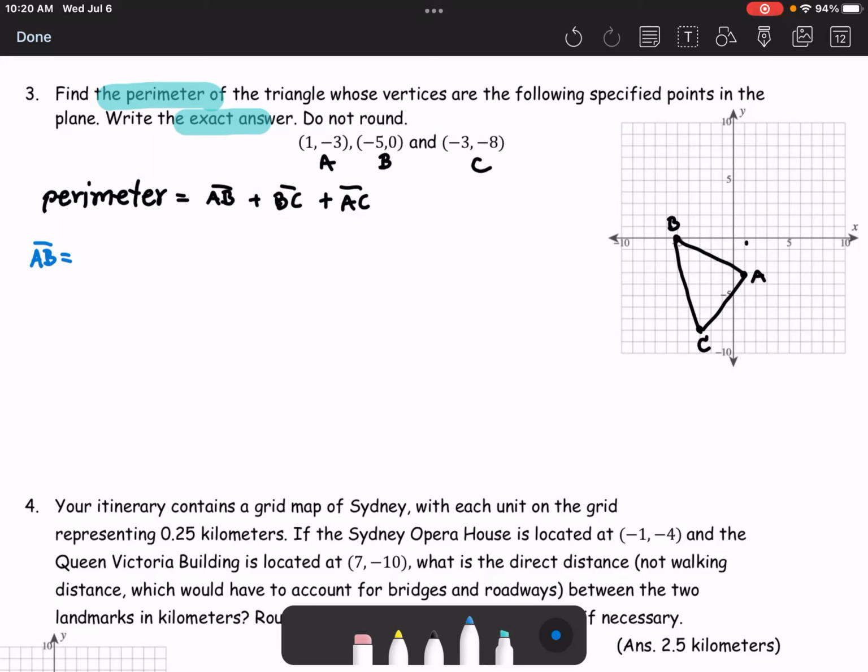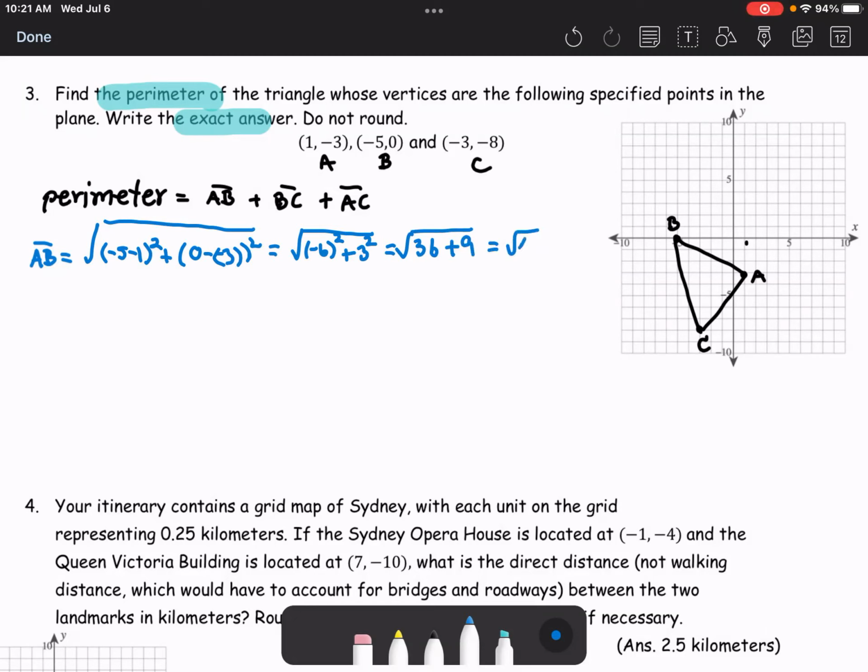The formula for the distance is the square root of the square of the difference of the x coordinates, which is -5 minus 1 squared, plus the square of the difference of the second coordinates, which is 0 minus -3 squared, and that simplifies to the square root of -6 squared plus 3 squared, or square root of 36 plus 9, or square root of 45.